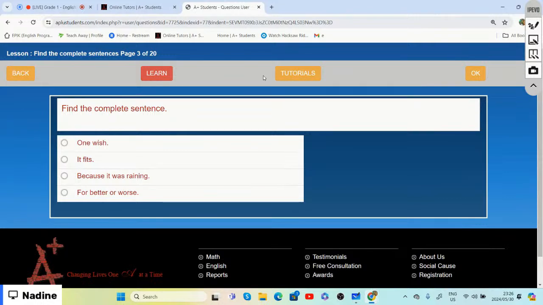All right, and if we were to find the complete sentence, then yes, it fits is our correct sentence, right? Because it is our naming part and fits is our action part. So well done. It fits is correct.